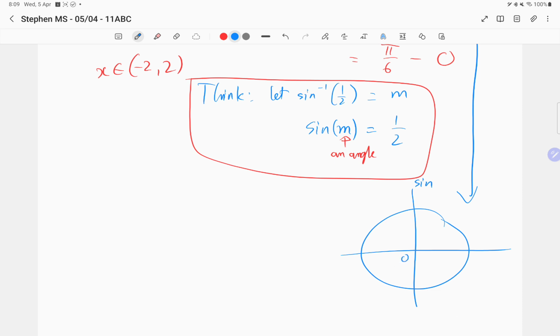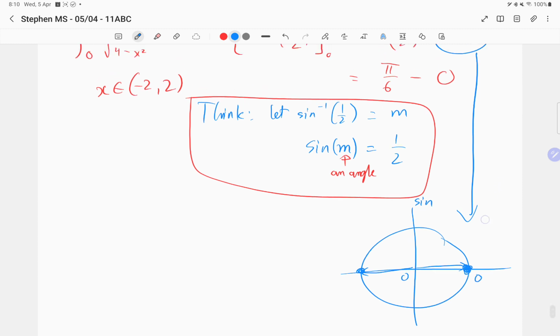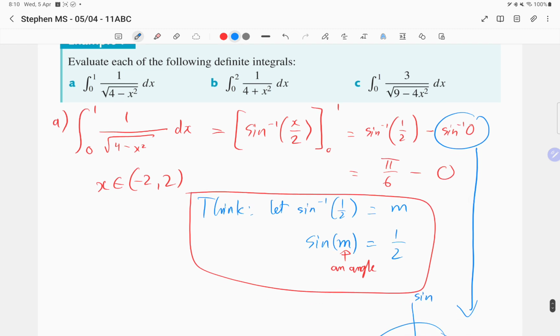Which angle gives you sine equals 0? Those angles are this or that, but just remember the angle is normally positive or negative, so we'll take the angle 0, the easiest one. So inverse sine of 0 would just be 0.